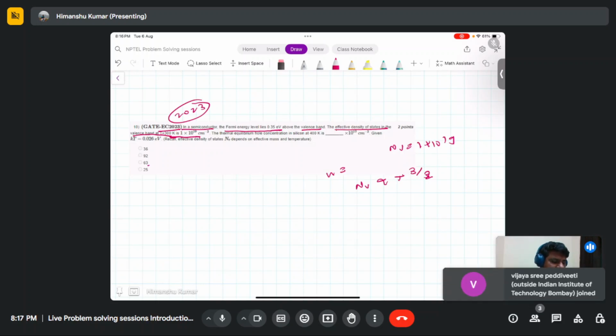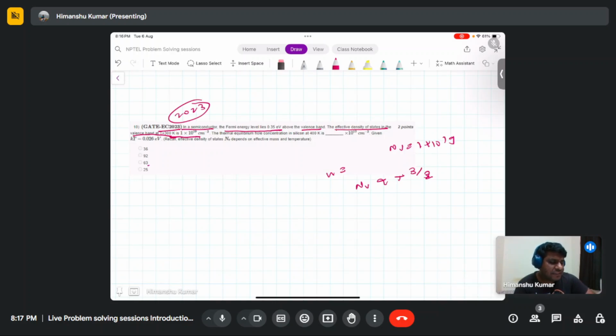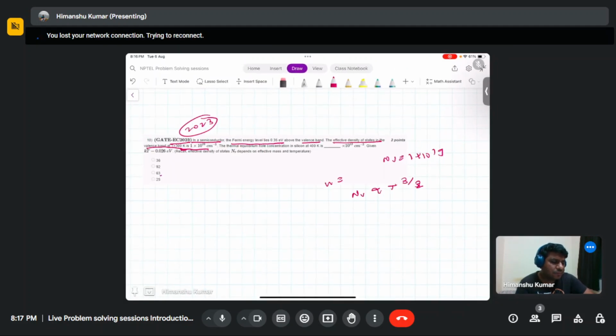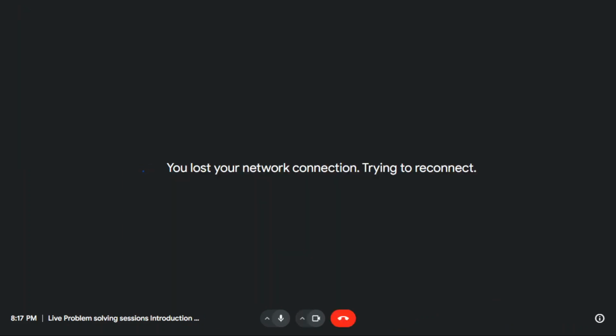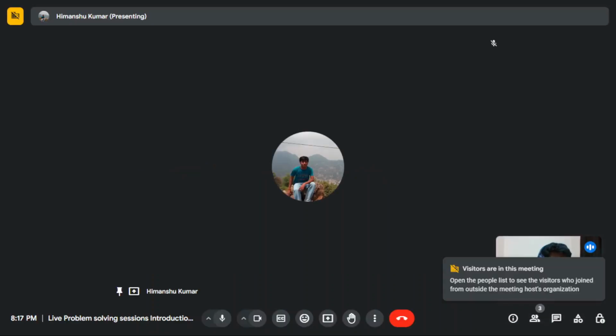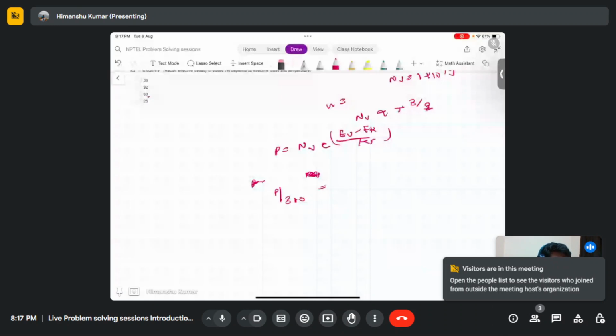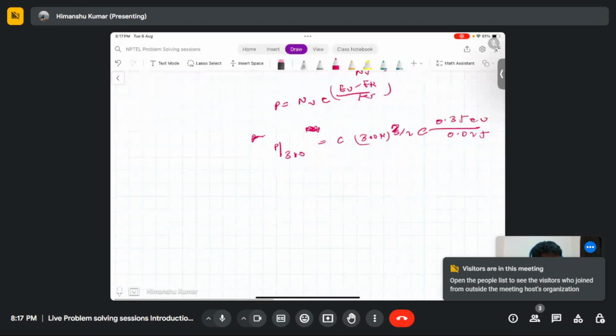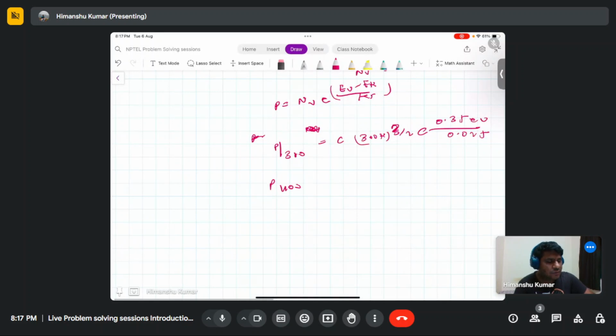So let's say you can calculate the hole concentration at 300 Kelvin as some constant factor times temperature 300 Kelvin to the power 3 by 2 times exponential of (Ev minus Ef), which is given as 0.35 electron volt, and kT is 0.025 for 300 Kelvin. For 400 Kelvin, you need to calculate.